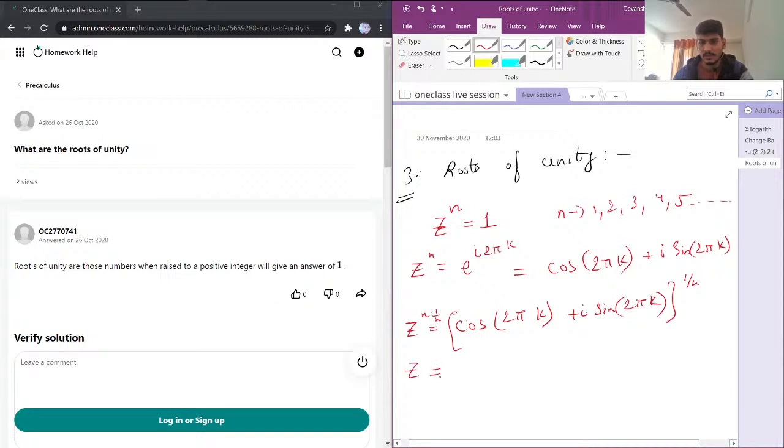Then z will be, now there is a theorem called de Moivre's theorem.